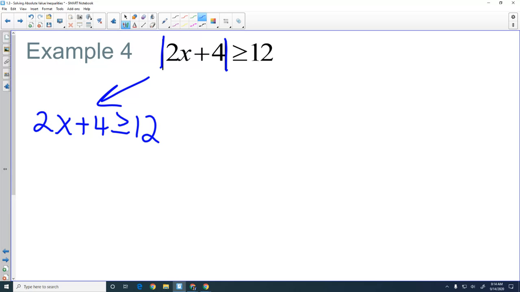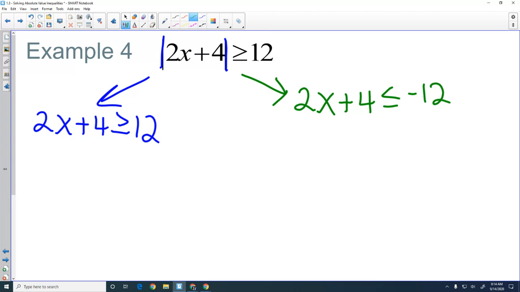We don't change anything. You just remove those absolute value bars. For the second version, the left side stays the same. You just remove those absolute value bars. But now we got to change two things. We flip the inequality sign. So this becomes a less than or equal to. Instead of a 12, it becomes a negative 12.